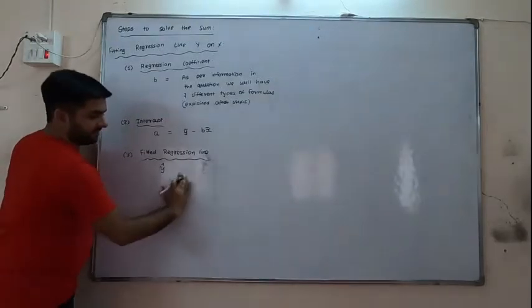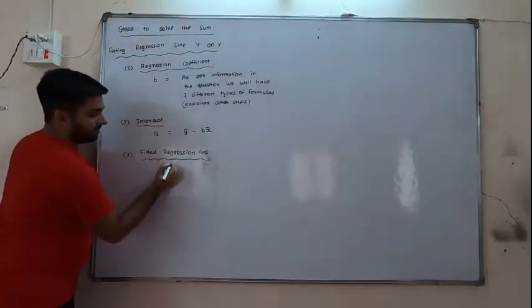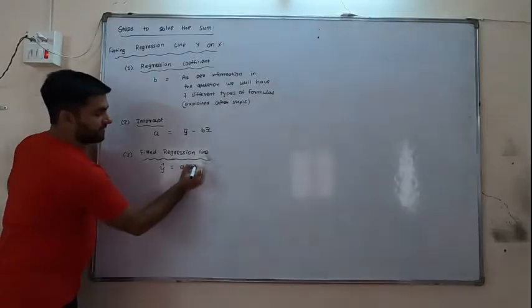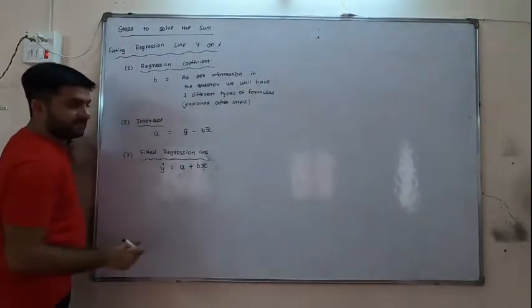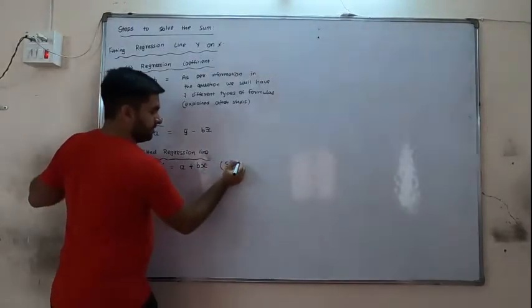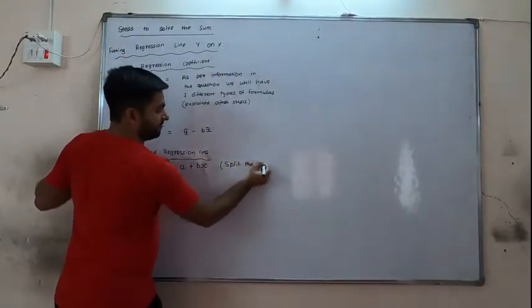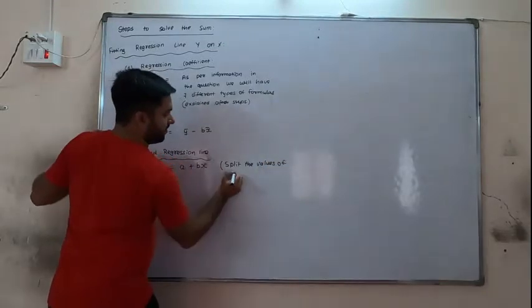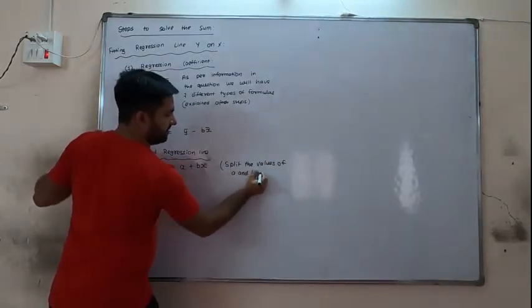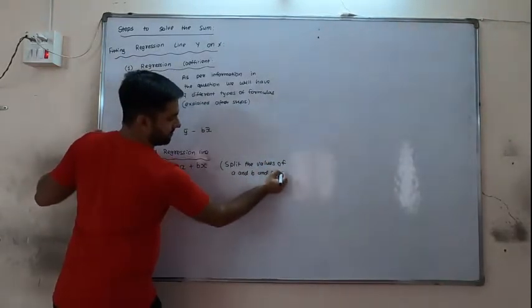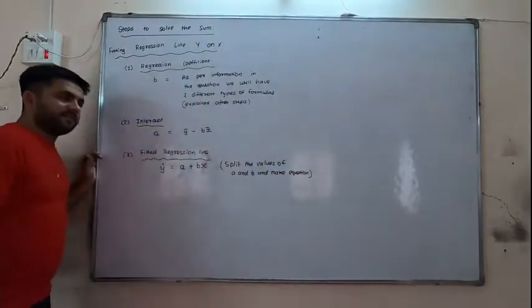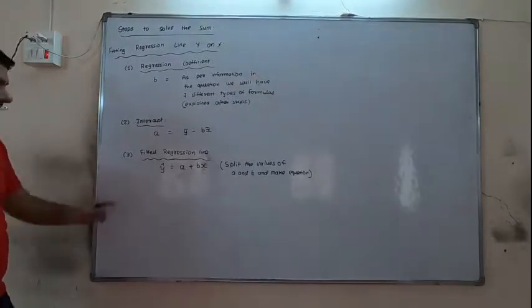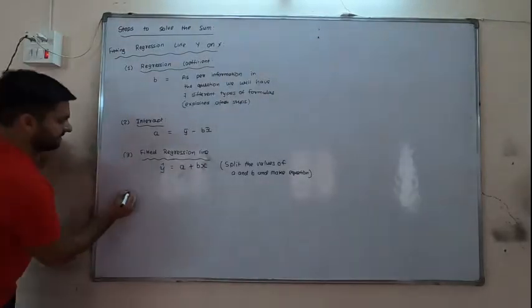Cap means estimator. y cap is equal to a plus bx. We substitute the values of a and b and make the equation. x and y will be as they are.